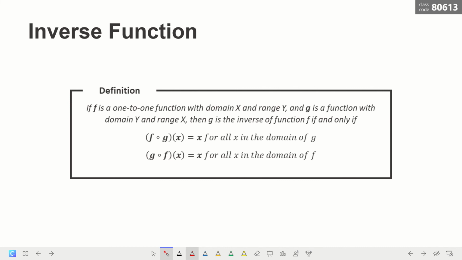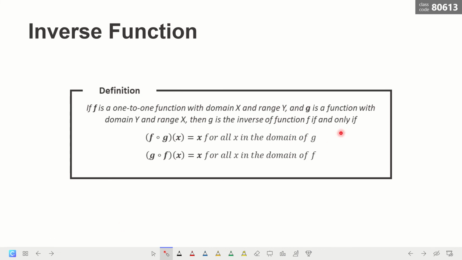Second definition. So, if f is a one-to-one function with domain x and range y, and g is a function with domain y and range x, then g is the inverse of function f if and only if f composed of g of x is equal to x for all x in the domain of g, and g composed of f of x is equal to x for all x in the domain of f.